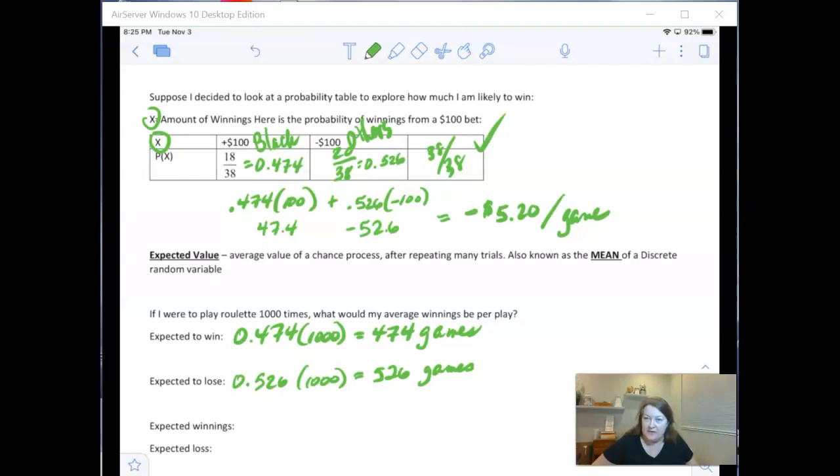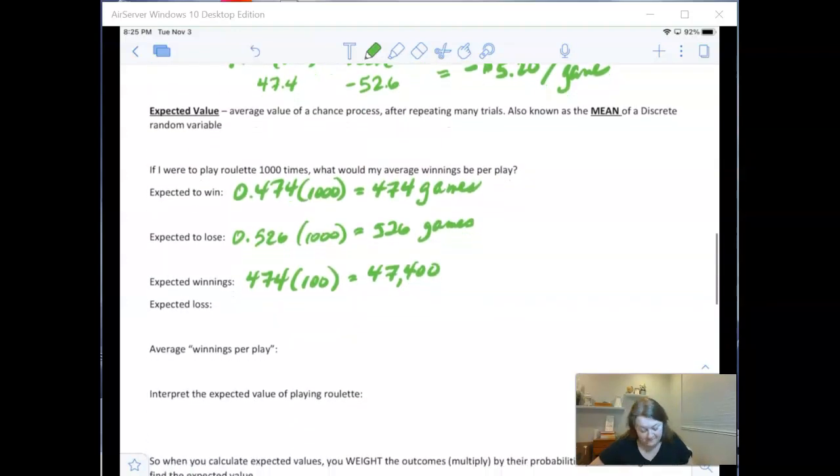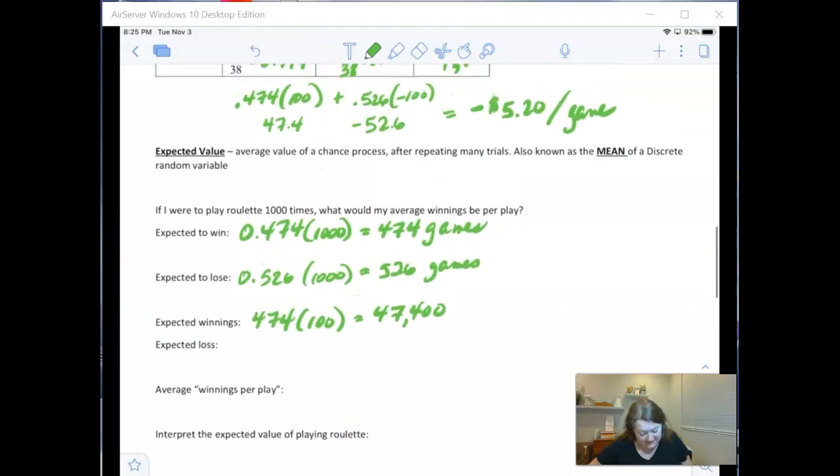Okay. Then what are my expected winnings? Well, now I have to bring in the $100 that I make or lose. So if I win 474 games and each one earns me a positive $100, that's $47,400. If I have an expected loss, that would be my 526 games where I lose $100.